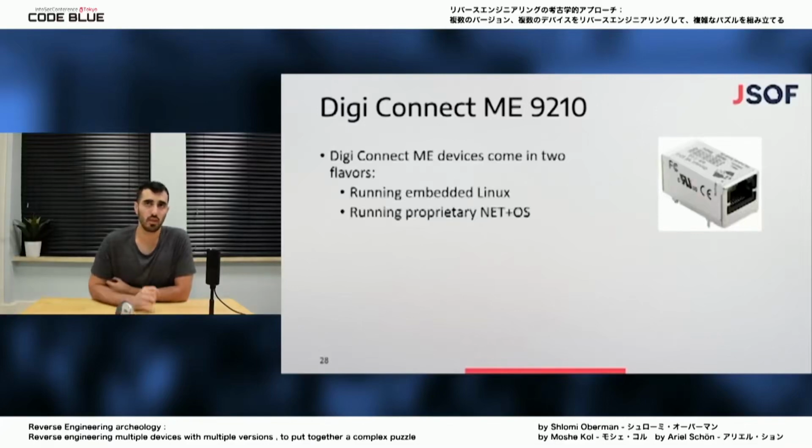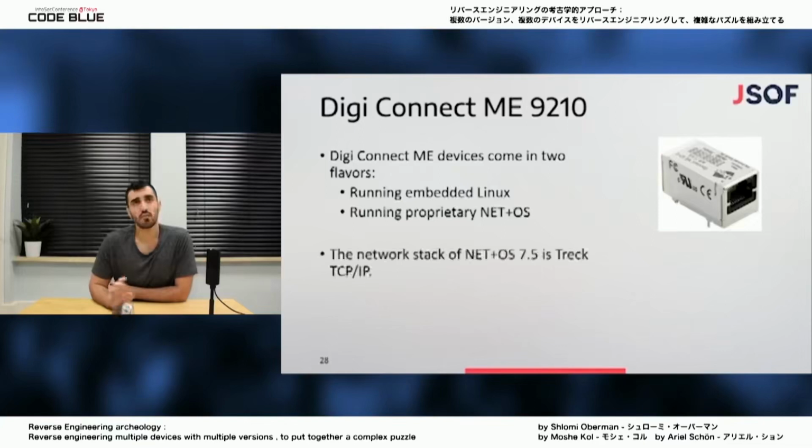You can see it looks like an Ethernet connector, but it's actually a full system on module in this little device. And it comes in two flavors. The first flavor runs embedded Linux, and the second runs a proprietary NetPlus OS. And the network stack of the NetPlus OS is Trek TCP/IP, at least in versions greater than 7.0.